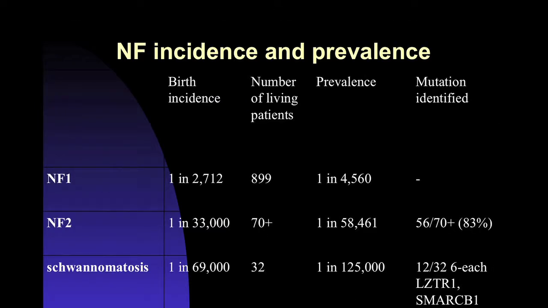So the prevalence here is about 1 in 58,000 people and 1 in 125,000 people with schwannomatosis. And you can see here that 12 out of those 32, we've identified the underlying genetic fault in the genes concerned.